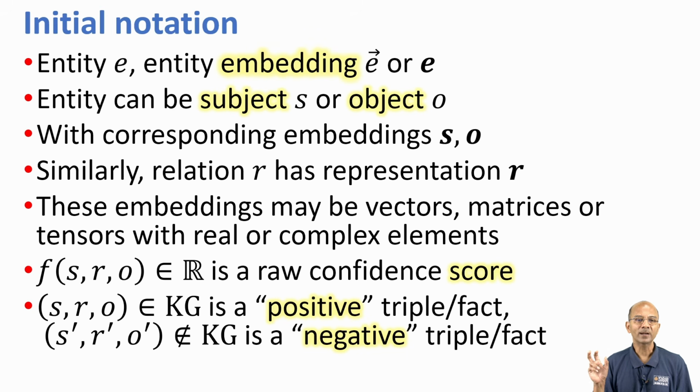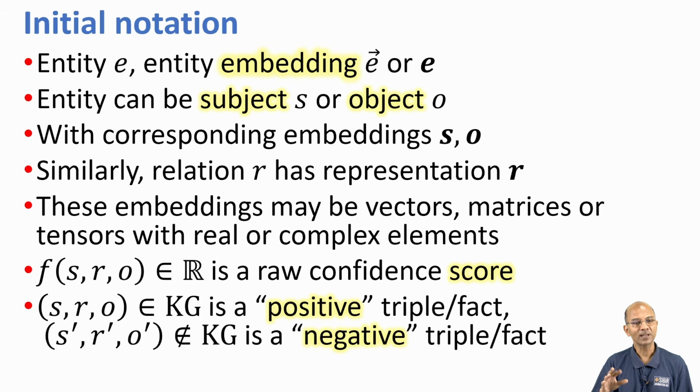If a particular SRO triple is known to be true in our knowledge graph, we'll call it a positive triple or a positive fact. Whereas if S prime, R prime, O prime is not in the knowledge graph, there are a couple of ways to think about it. Remember that our knowledge graph is incomplete. So if S prime, R prime, O prime does not appear in the knowledge graph, that doesn't necessarily prove that it's false.